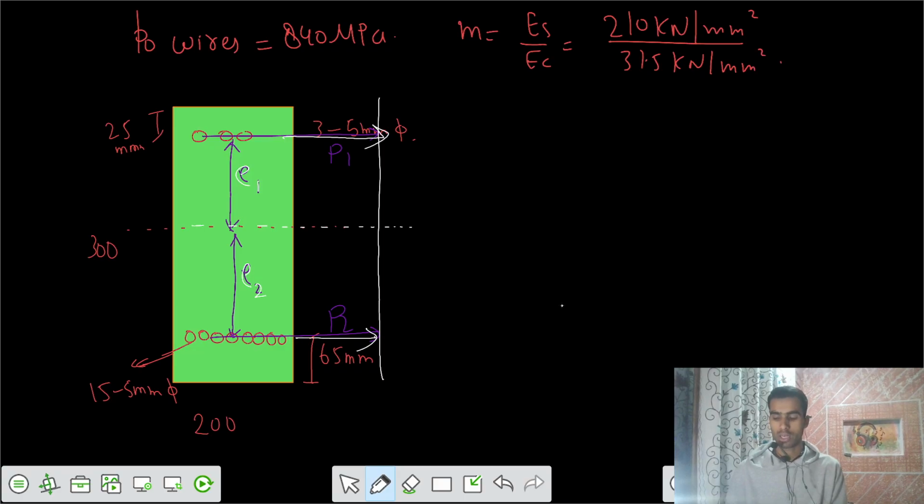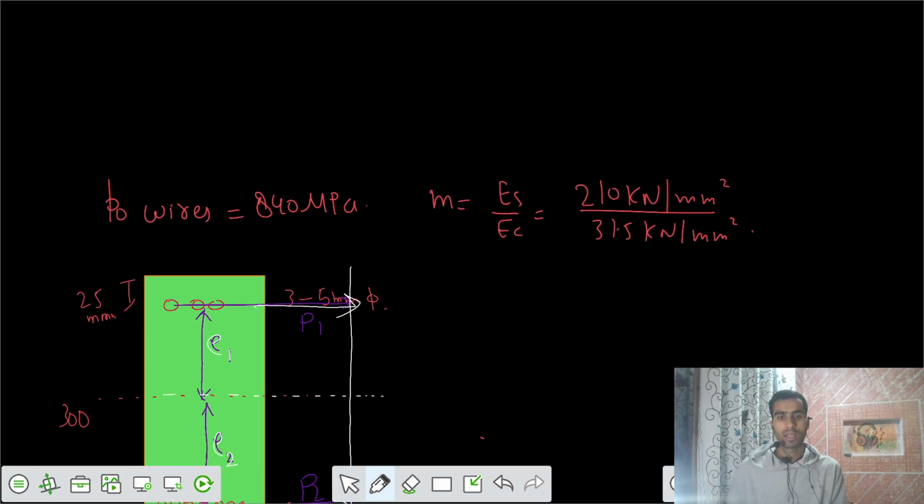This is your modular ratio. Okay, we need to calculate loss of stress in steel immediately after transfer. So calculate percentage loss of stress in the steel wires.